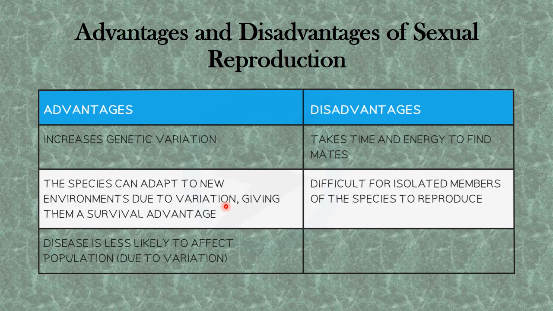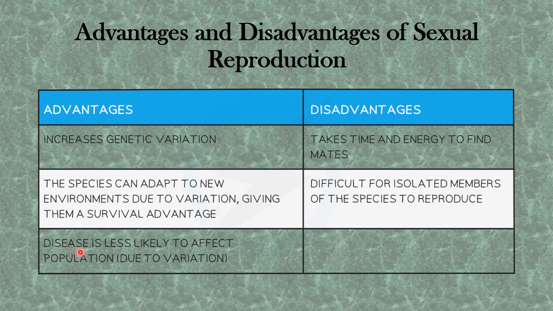Another advantage is that the offspring can adapt to new environments, because all the offspring of a particular species, let's say man, are not equal genetically. So there's a chance that even when there are disease outbreaks or unfavorable environmental conditions, the species will survive.